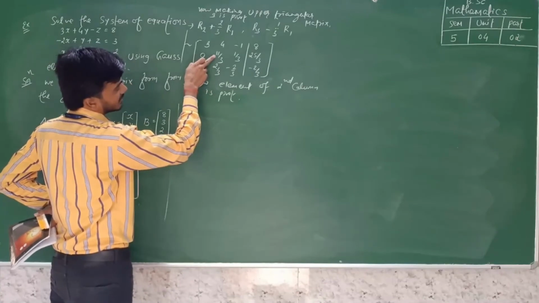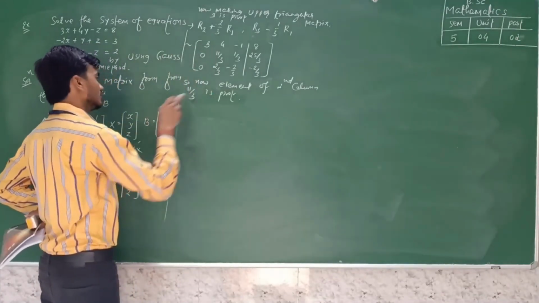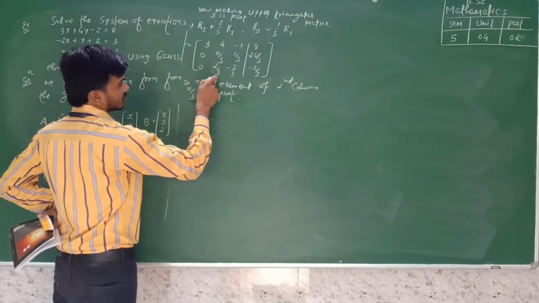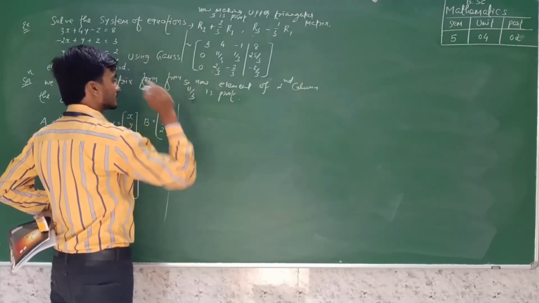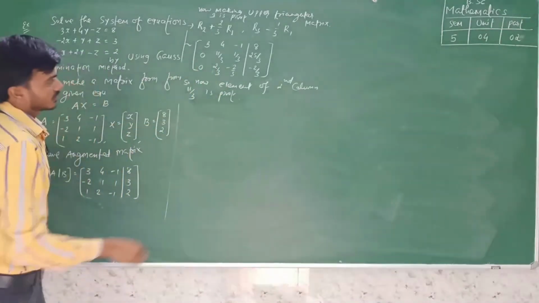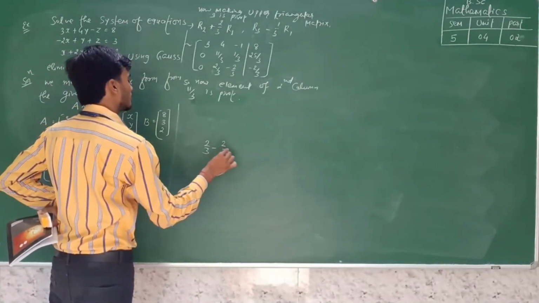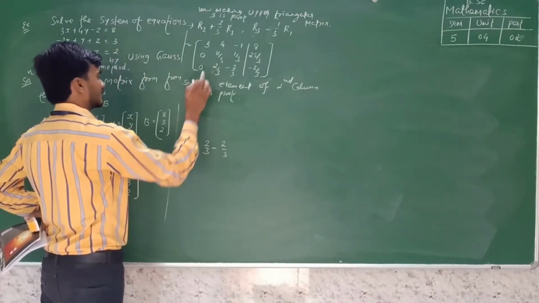By using the 11 by 3, we make these elements 0. Here 2 by 3 is positive, so minus 2 by 3 will be added in this third row, so this element can be 0.